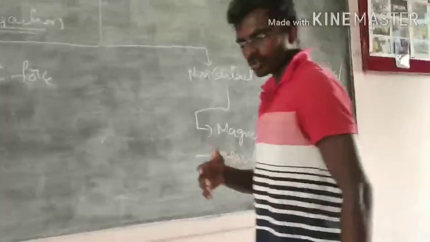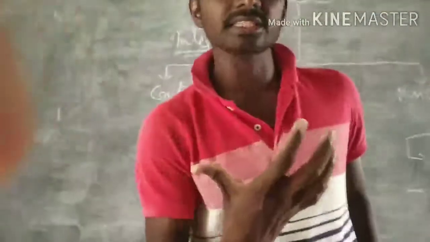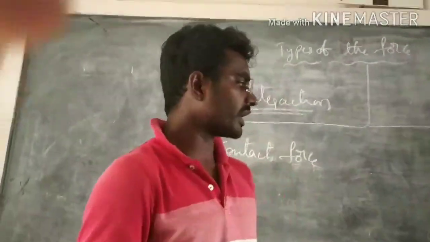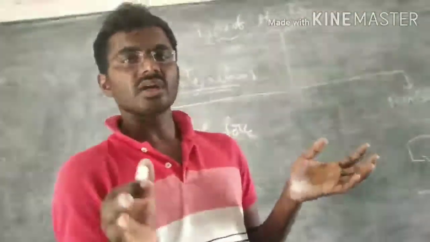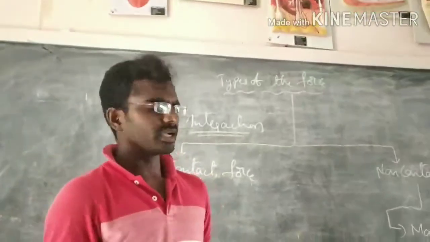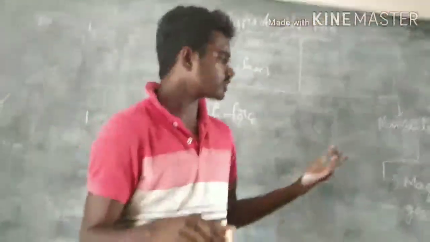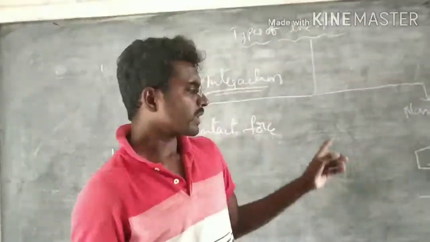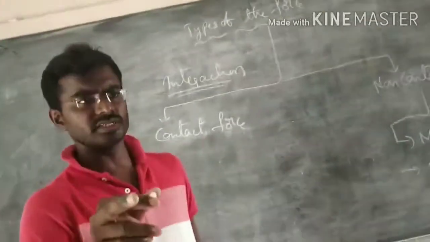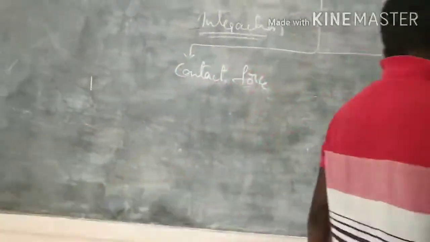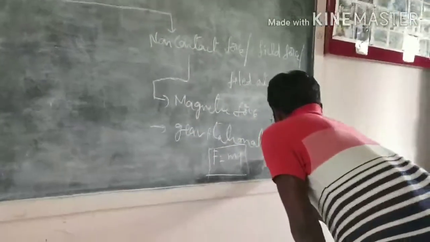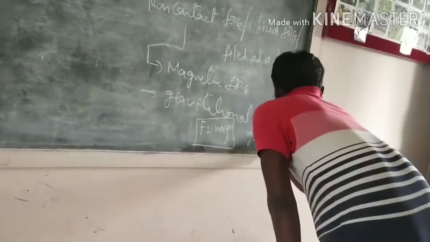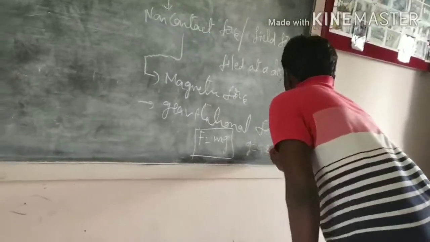The gravitational force is equal to the body weight, indicated by W. In other cases we take force F is equal to ma. When gravitational force is considered, we take g instead of a, the acceleration. You already know g is equal to 9.8 meter per second square.